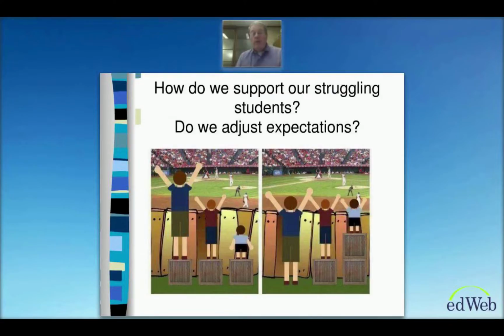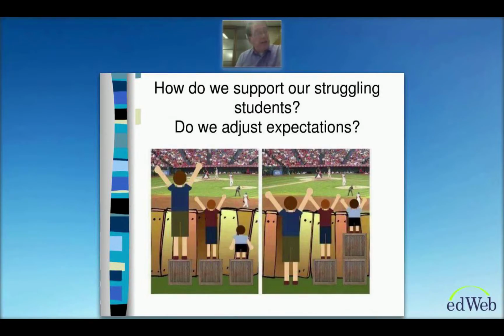Now, when we're trying to work with students who are struggling, it's very important that we realize that the scaffolds we provide have to be bringing them up to grade level. So I love this visual metaphor because on the left what we have is a little kid who can't see over the wall, because his support is the same level as the others. And on the right, he's got an extra box so he can see over the wall.